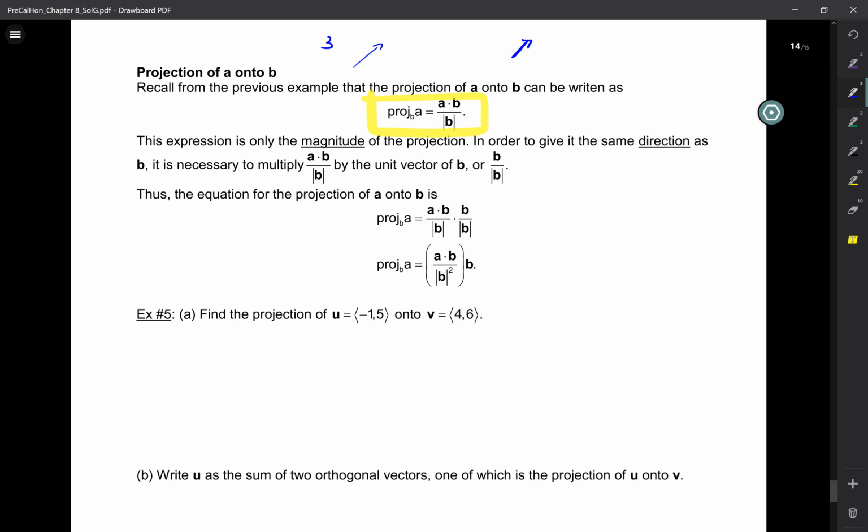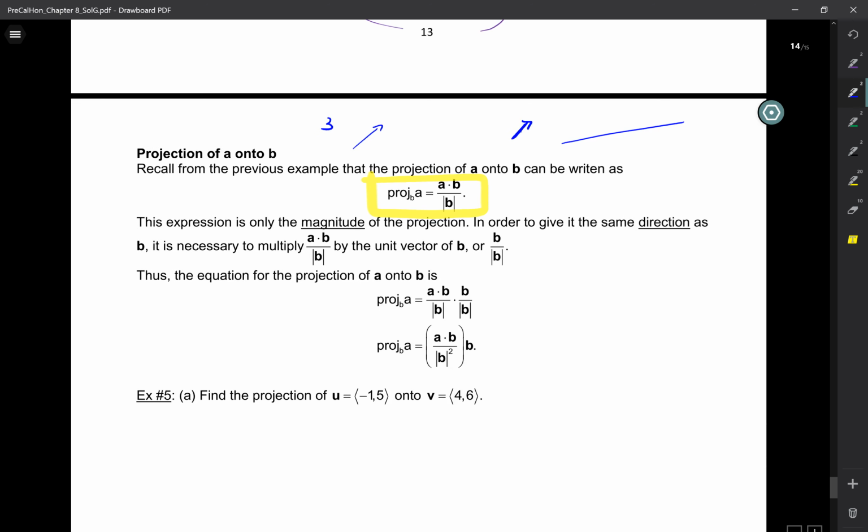So what we're going to do here is take the projection and multiply it by the unit vector of B. If I have a vector B, what's the unit vector?